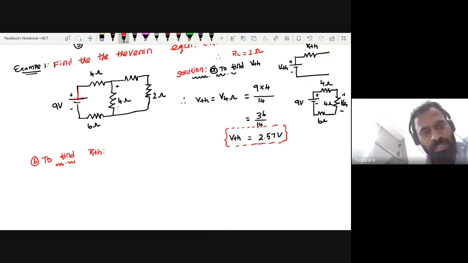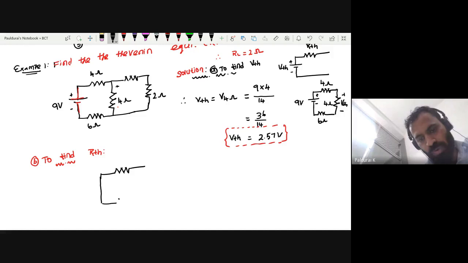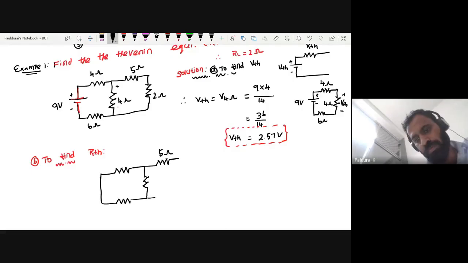So voltage source by short circuit, here I am drawing. Remaining, what is there? This is my 4 ohm, this is my 6 ohm, and this is my 4 ohm. Actually, this is my 5 ohm, and this is my 2 ohm. So this is 4 ohm, this is 4 ohm, this is 6 ohm, this is 4 ohm. First step over.